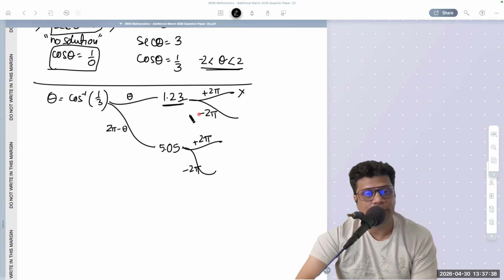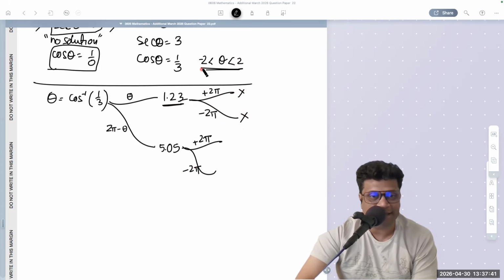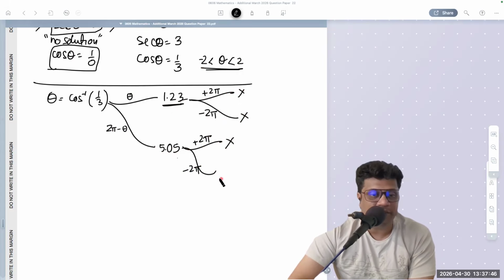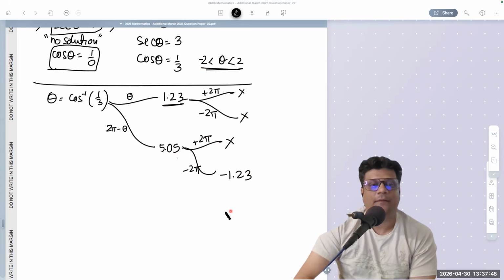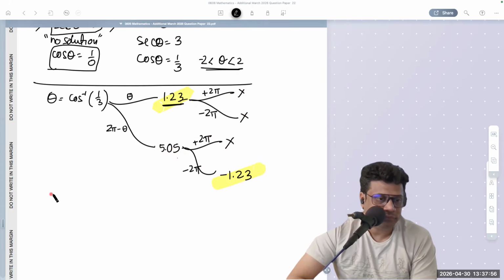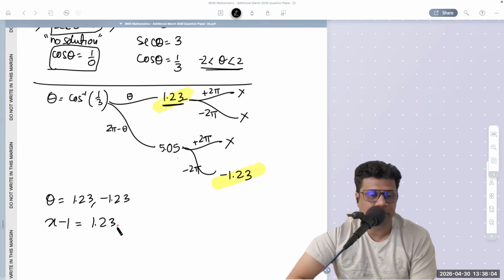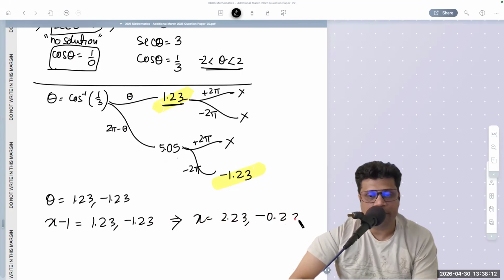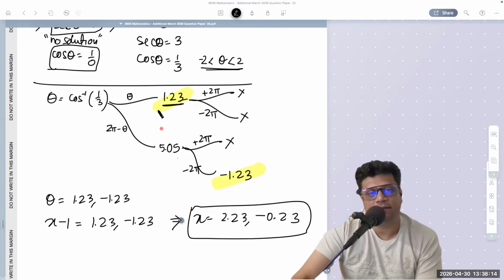It'll be greater than 2. This, again, it'll be lesser than minus 2, so no point. Adding, again, no point. But this one actually fetches me a negative 1.23. And that is how I know there are 2 answers. And theta comes out to be 1.23 and minus 1.23. Well, that's what x minus 1 is for you. X is going to be 2.23 and a negative 0.23.